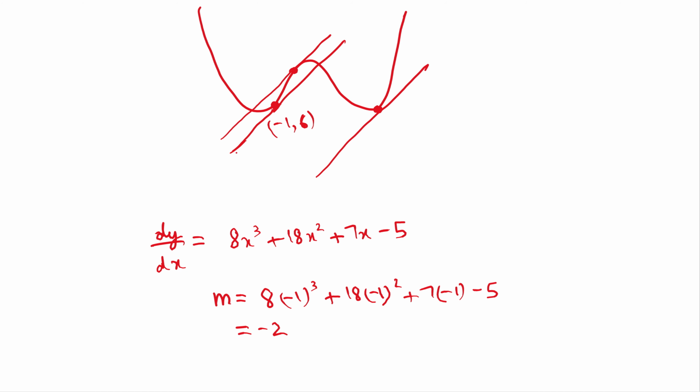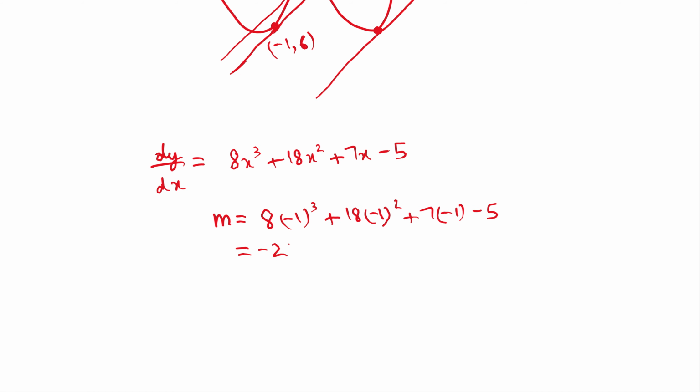So now we know that the gradient of this tangent is -2, and also hopefully we know that since these tangents are parallel to this tangent, the gradients will also equal -2. So now how we can solve for the x coordinates is, we will equate the first derivative of the curve to -2, so that we can find the other x coordinates where the gradient is equal to -2.